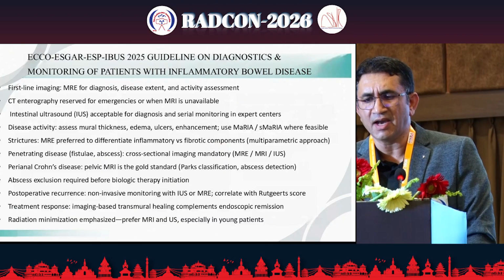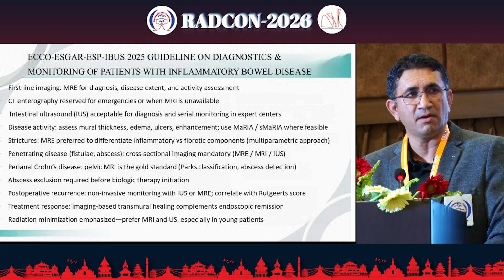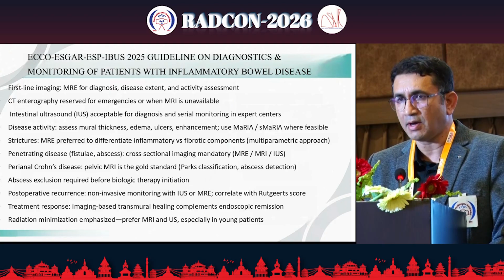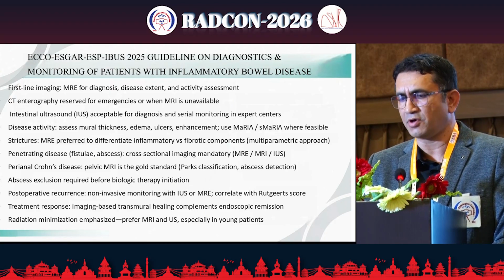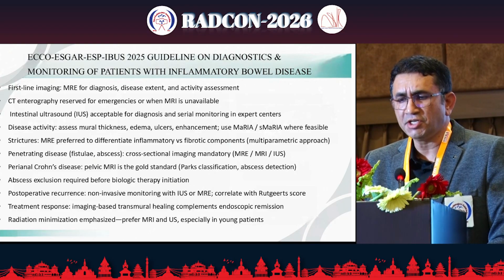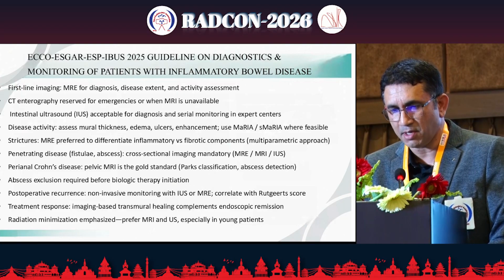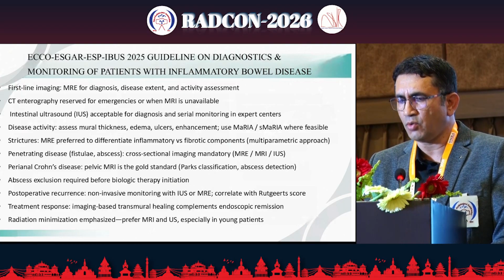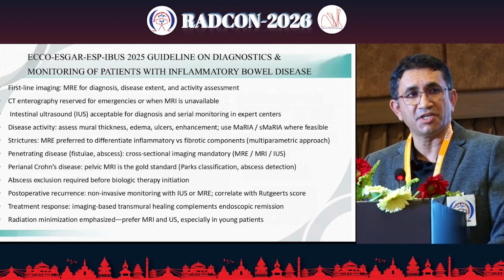So there is a guideline, ISGAR 2025. This is the latest guideline about the reporting of Crohn's inflammatory bowel disease. First-line imaging is always MRE for diagnosis, disease extent, and activity assessment. CT enterography is reserved only for emergency when MRI is not available. IUS is always acceptable for diagnosis and serial monitoring in an expert center.